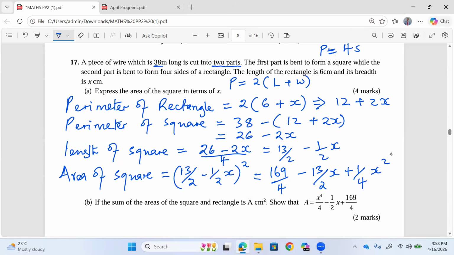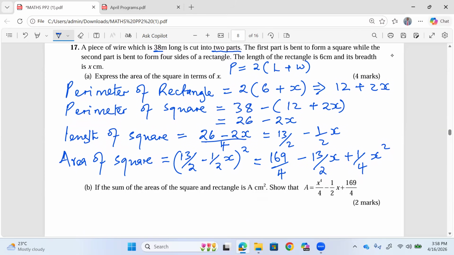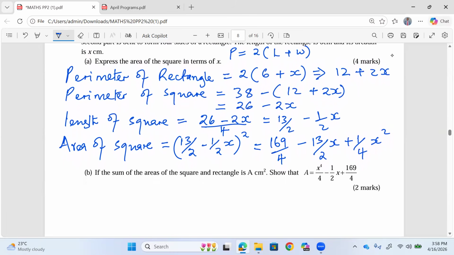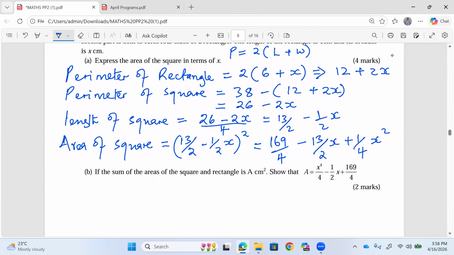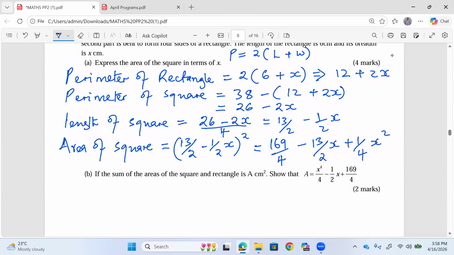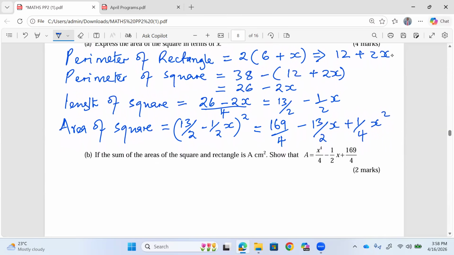So this is now an expression for the area of the square. You can also give the expressions as improper fractions. You can still simplify.